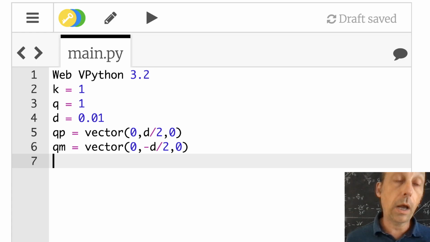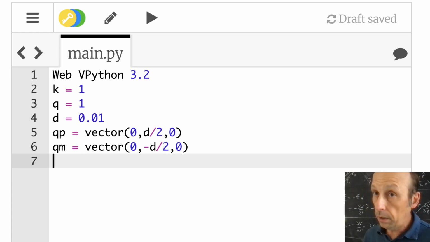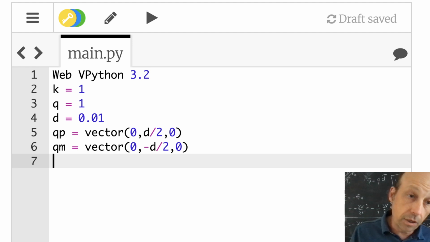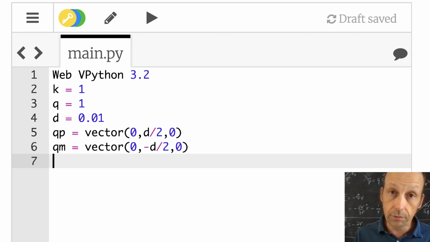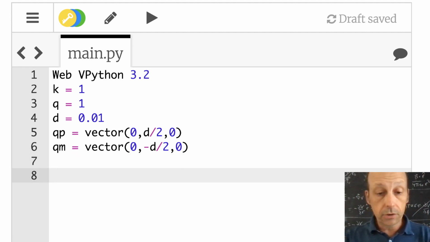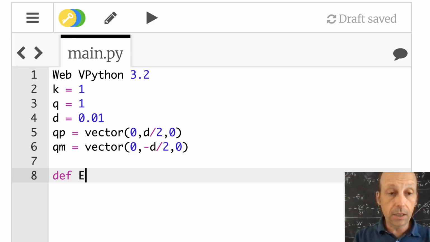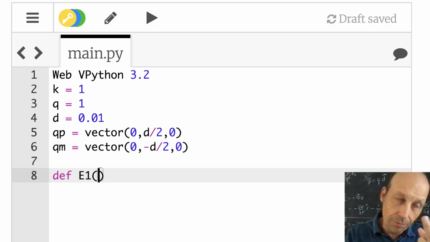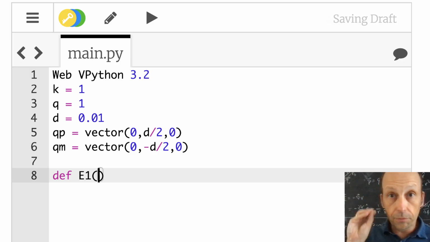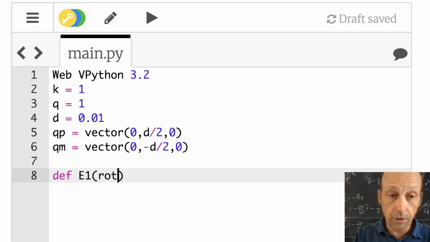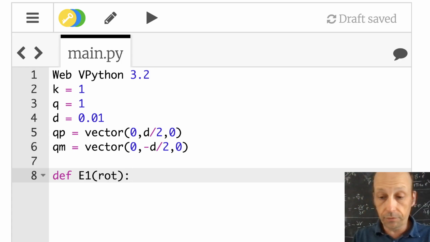Now, I want to be able to calculate the electric field anywhere. So I'm going to make a function for the electric field. I'm going to say def E1, because I'm going to have an E2. All I'm going to do is pass to it an observation location, which I'll call ROT, a vector, and it should give me back a vector for the electric field.